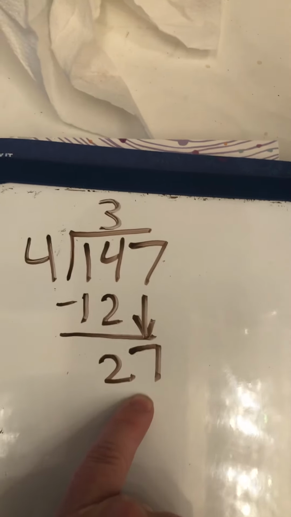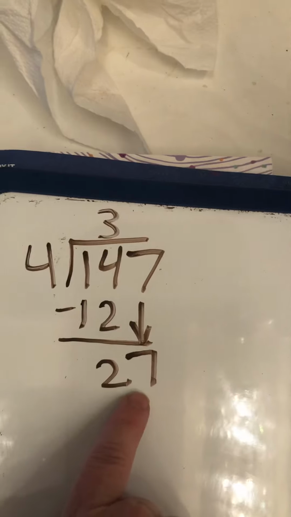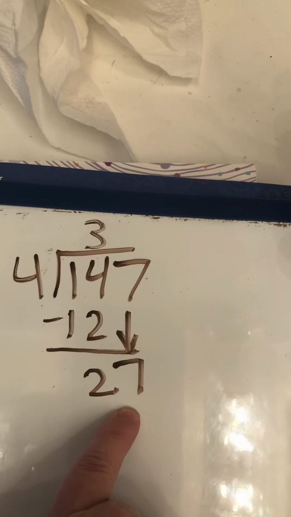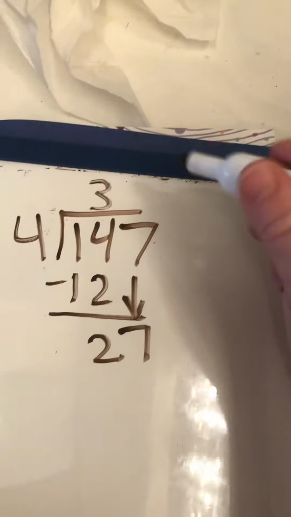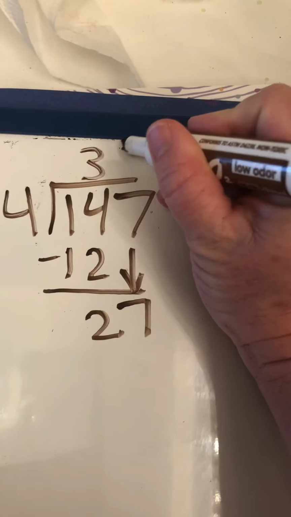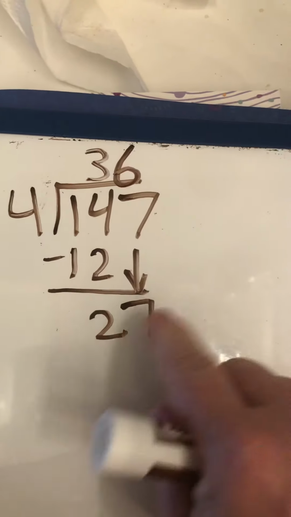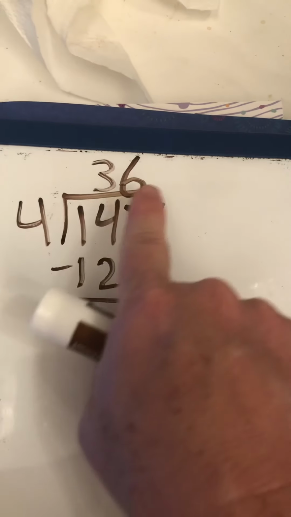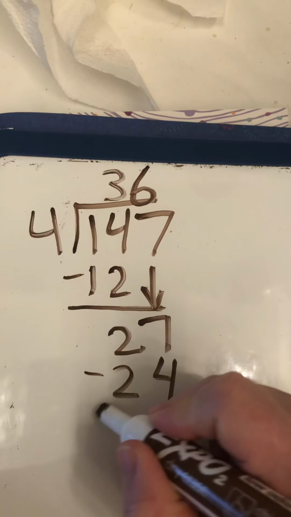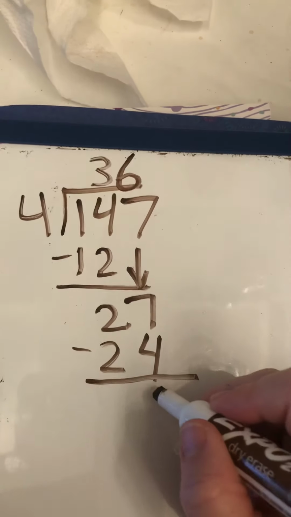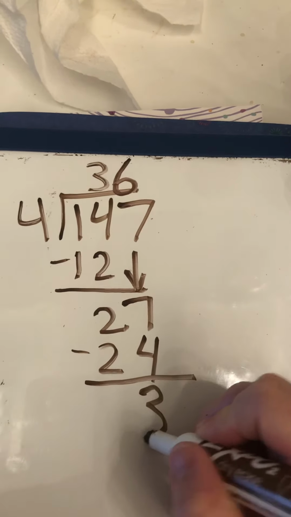Well, I know 4 times 5 is 20. Let's keep going up. 4 times 6 is 24. 4 times 7 is 28. That would be too much. So 6 is as close as I can get to 27 without going over it. 4 times 6 is 24. I'm going to subtract 7 minus 4, and I get 3.